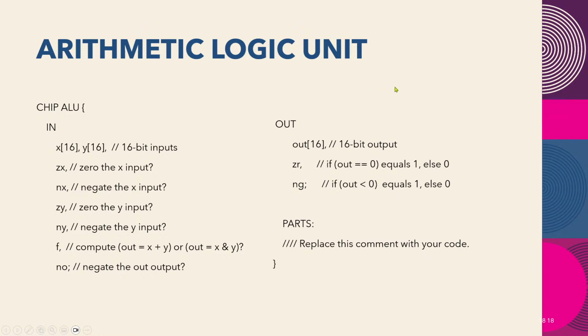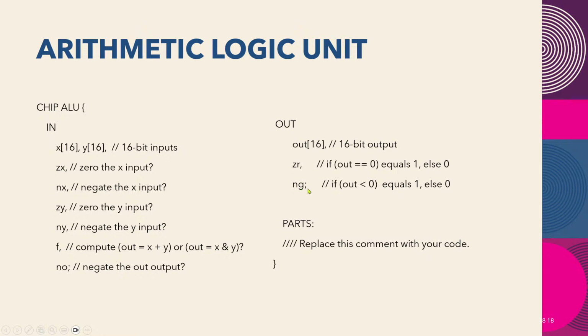The output is going to go to the 16-bit output called out. There's also an output called zr, and this is going to be 1 if the output is equal to 0. And this is ng, and this is going to be a 1 if the output is negative. So if basically the top bit of the output is a 1, then ng will be a 1.